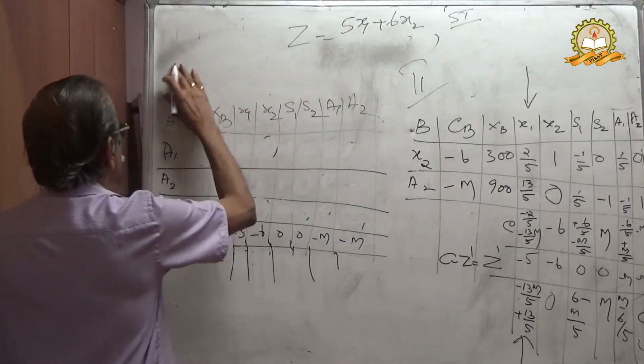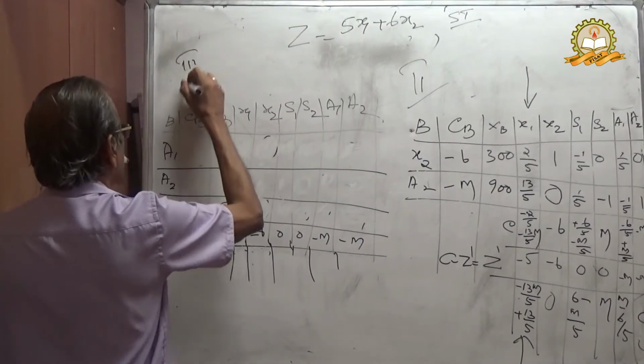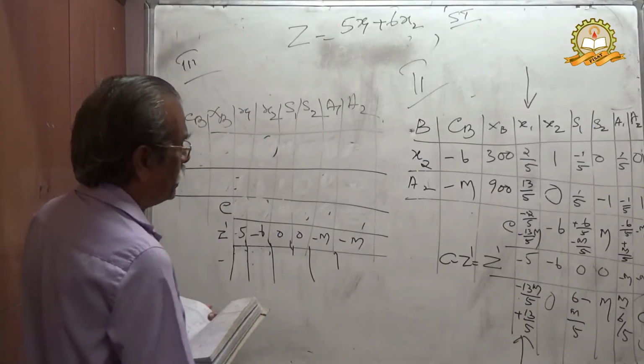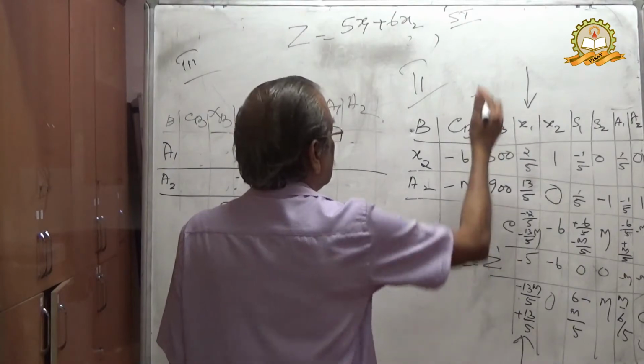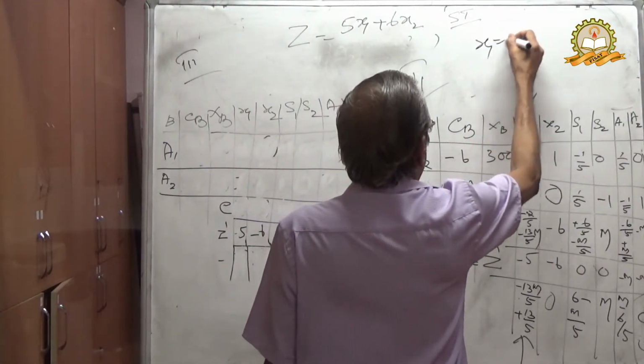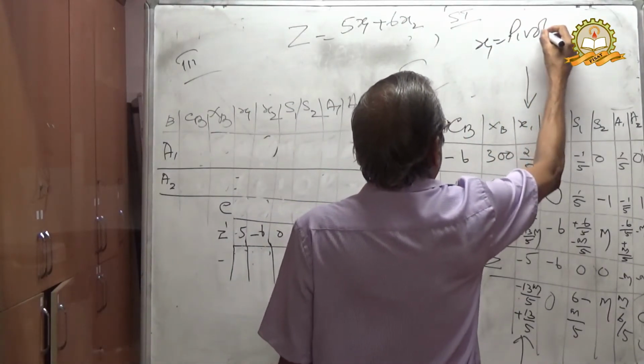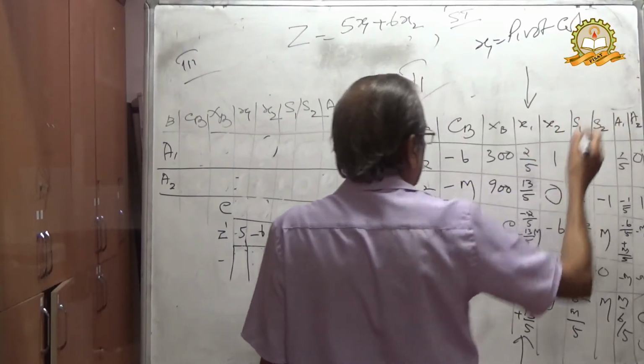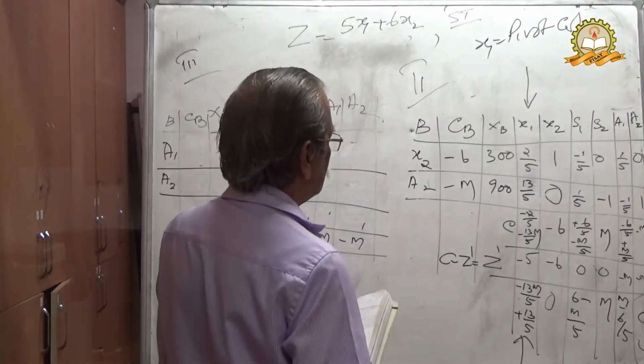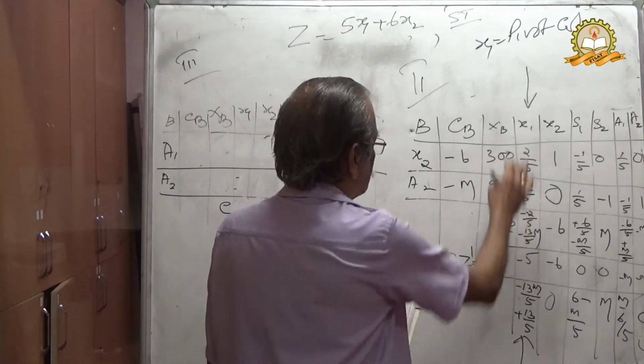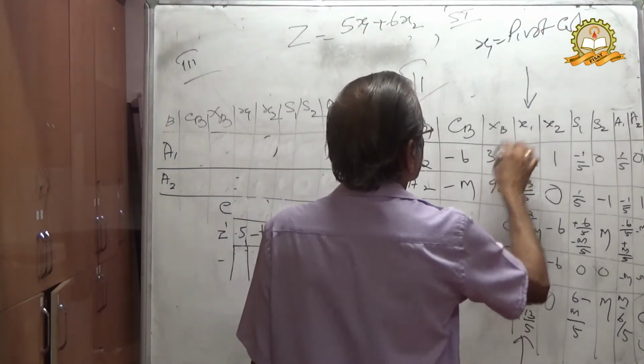This is your revised table, Table 3 or 4, whatever it may be. Here you write x1 is the pivot column, and consider the ratio. You can write the ratio.